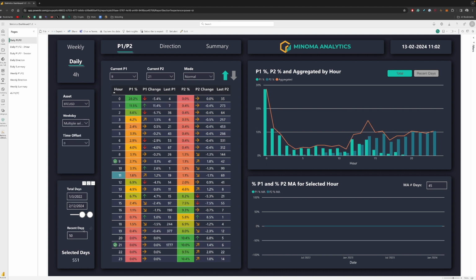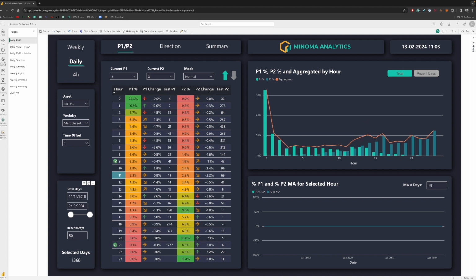The important remark I want to make is that here you have to select the days. These are your data points. Right now, this data is calculated based on 551 data points. If I do this, it's calculated on 1368 data points. If I select Saturday and Sunday, it's calculated based on almost 2000 data points.